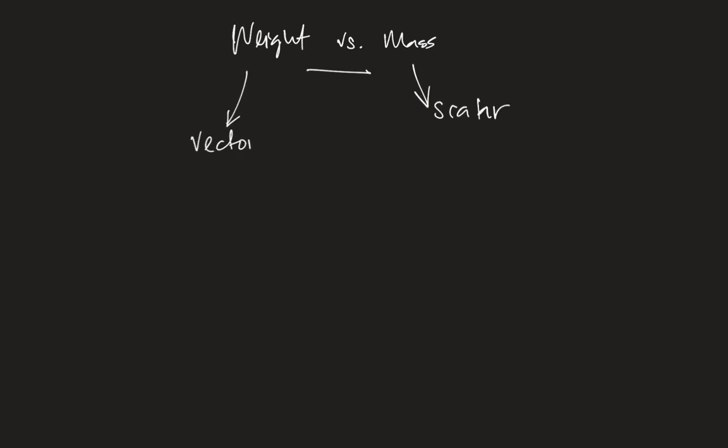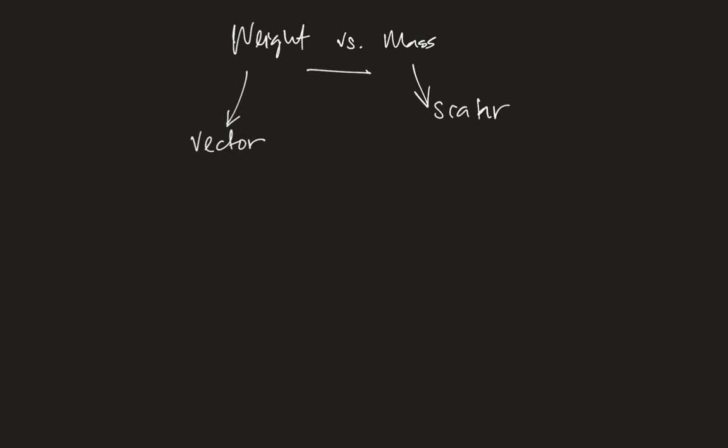The next thing we're looking at is weight versus mass. For the most part, we understand what weight versus mass is. We know that mass is a scalar quantity, and we know that weight is a vector quantity.